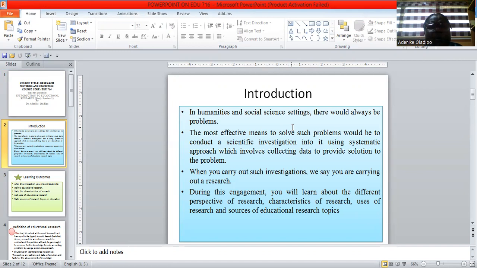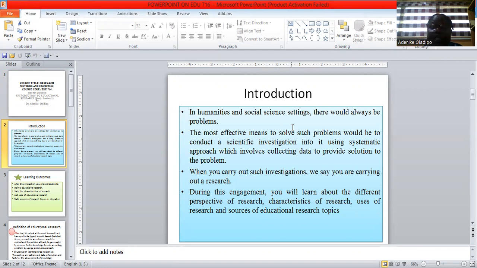There will always be problems for as long as there is life. The best way to solve such problems is by conducting scientific investigation. When you carry out such investigation, we say you are carrying out a research.